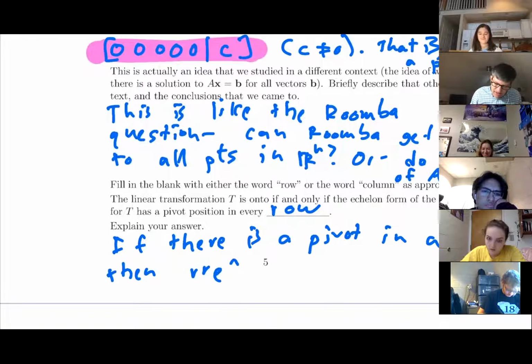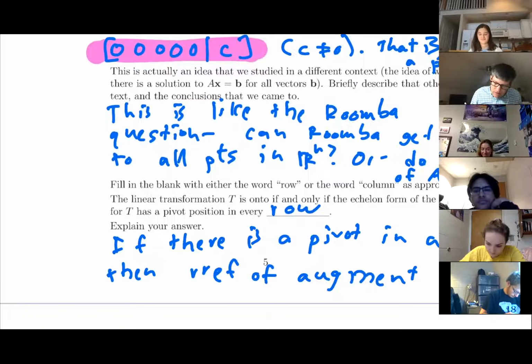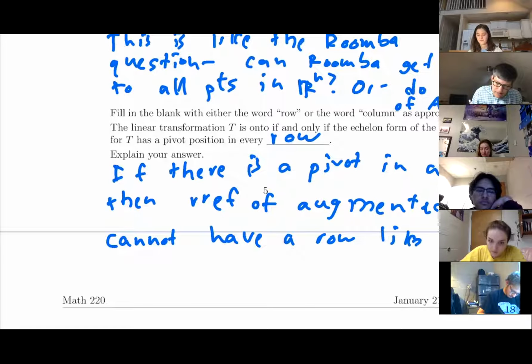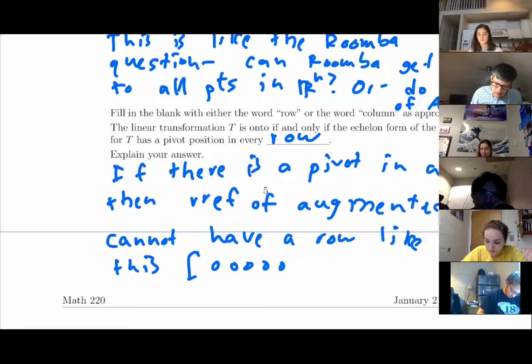of the augmented matrix cannot have a row like this. And if it cannot have a row like that, then we know it has to have a solution.